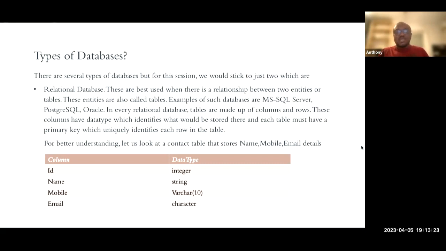The other unique identifiers could be something like email, because I cannot have the same email twice inside a particular table, right? If I make it a unique key, it means that whenever I add, let's say, johndoe@test.com, and I try to add it again, even if other details are correct, including the ID, which is the primary key, that is going to have an issue.